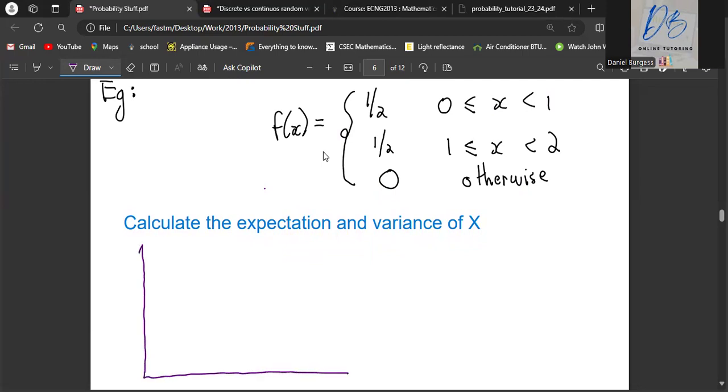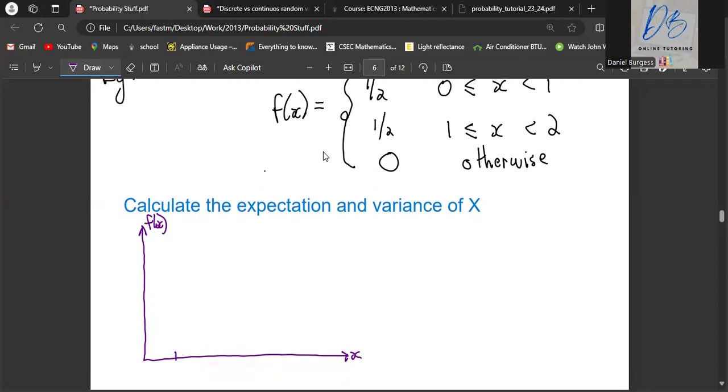So we have f of x up here and x here. The points we have are 0, 1, and 2. I'll space them out a little more.